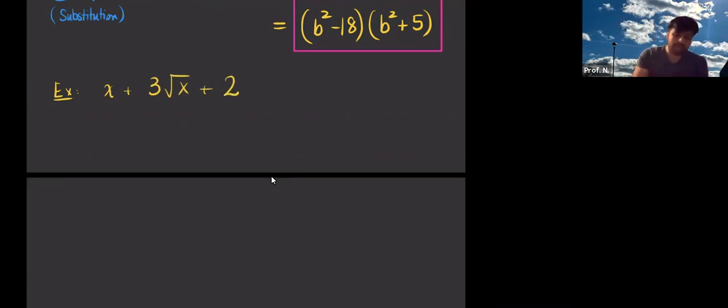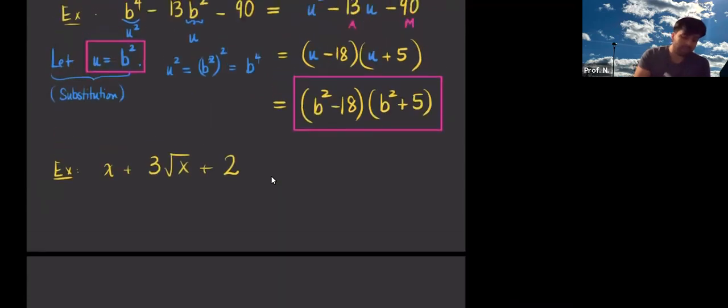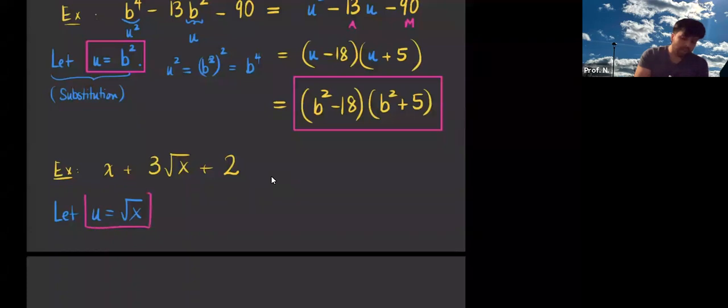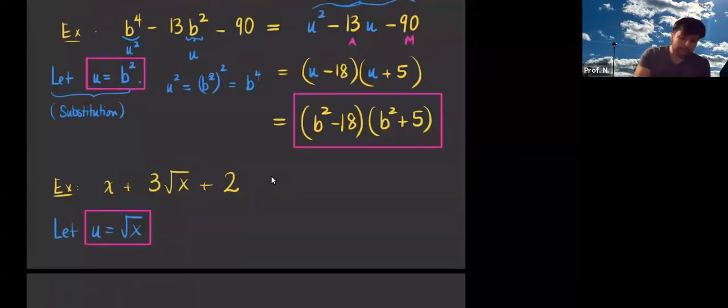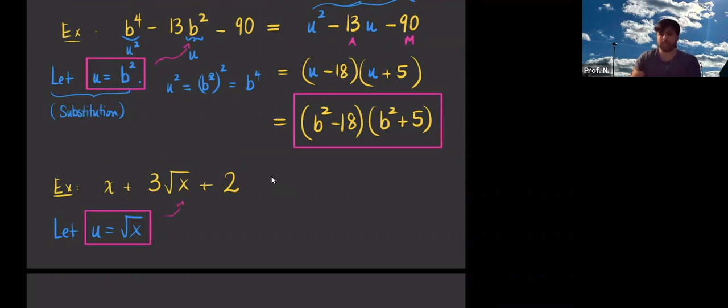Now, the u substitution will be a little bit different for this. I'm going to say let u equal square root of x instead. As you start to see, the u substitution occurs by replacing the middle term with u. But why do I do that?